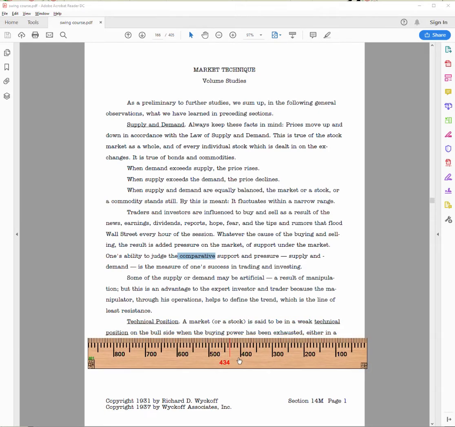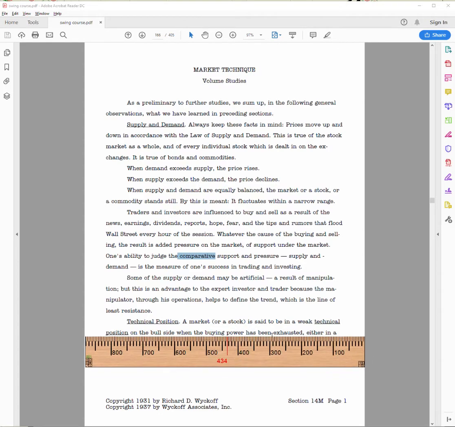Next is technical position. A market is said to be in a weak technical position on the bull side when the buying power has been exhausted. This is important. How do you know a market has been exhausted? Basically, what this is saying is weakness equals climax.